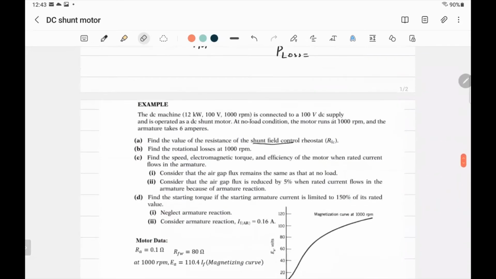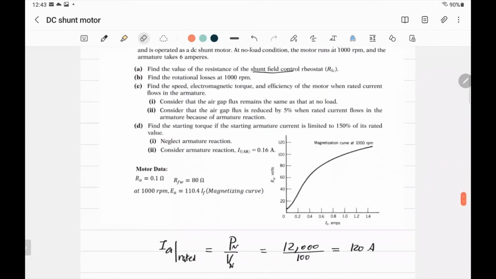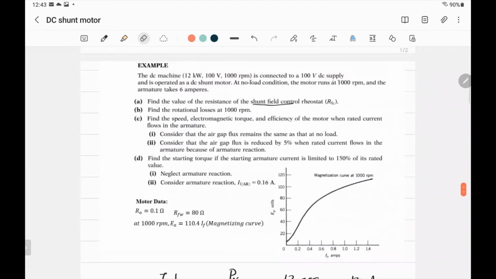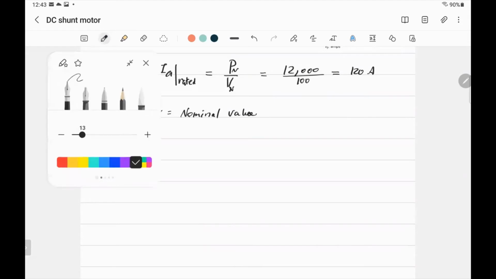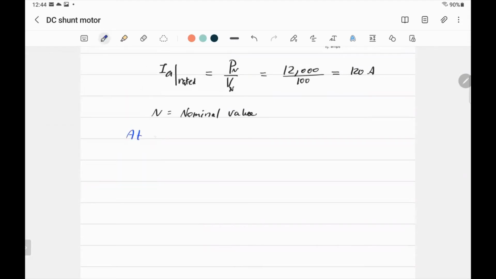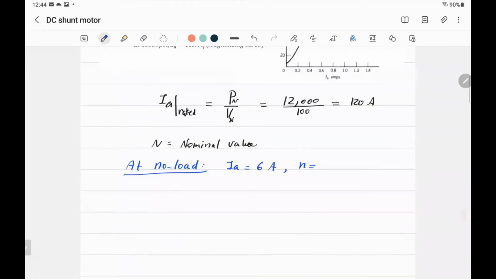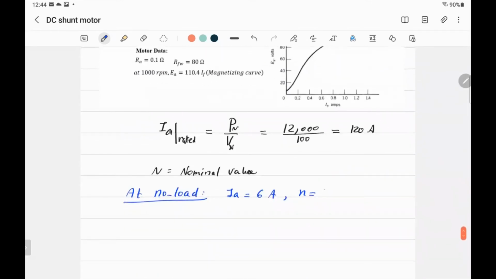All right. Now let's look at how we are going to do that using the information here. I'm going to use the information that at no load, the speed is given and the current is given. That will help me find EA. So we'll say that at no load, the current IA is equal to 6 amp, and the speed was given, I think, 1000 RPM.